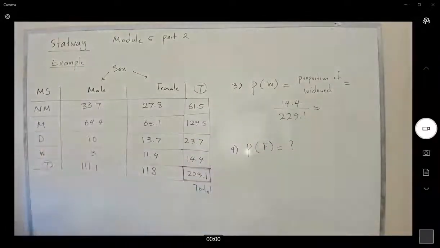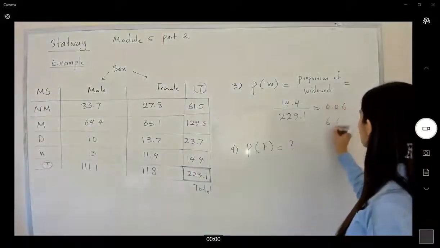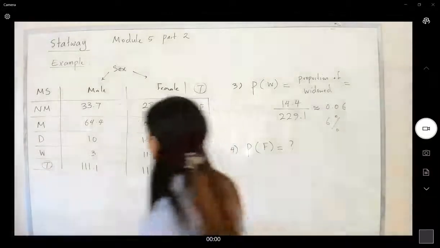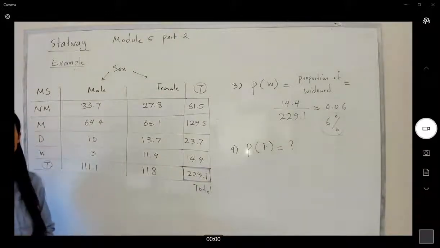Approximately we get, what's your calculation? Very good, thank you. Almost 6%. 0.06 or 6%. 6% of the adult population in the United States are widowed.